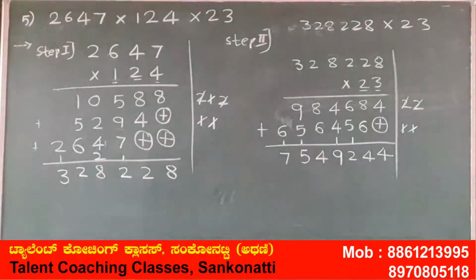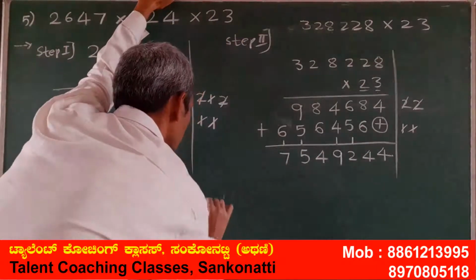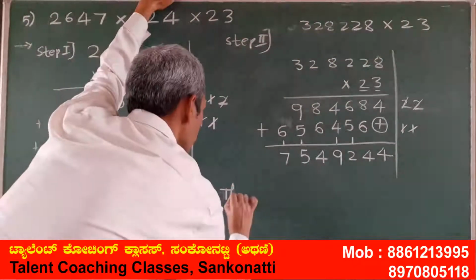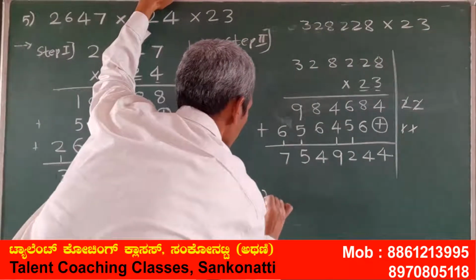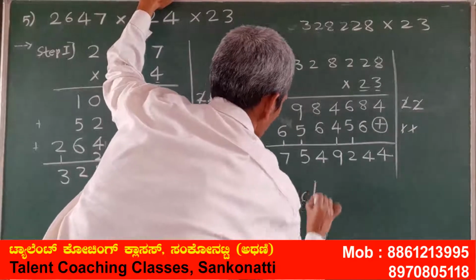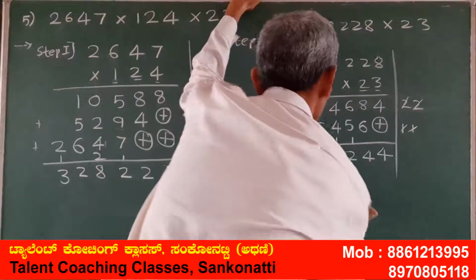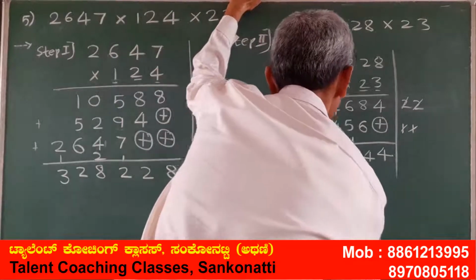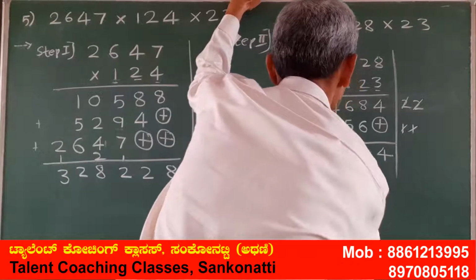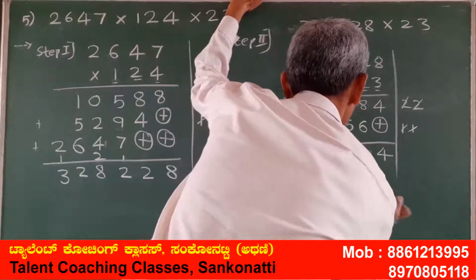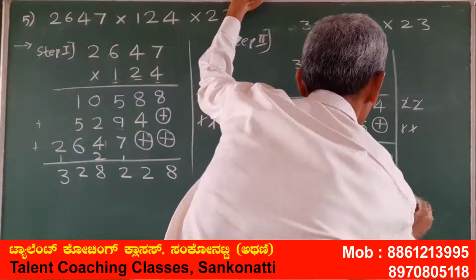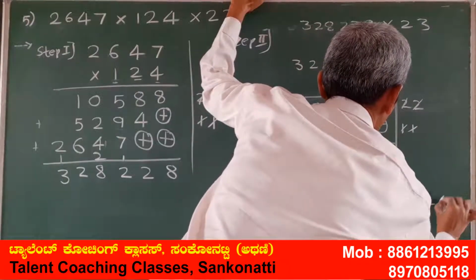We'll write. Therefore, the product of these three numbers is 7 7 5 4 9 2 4 4.